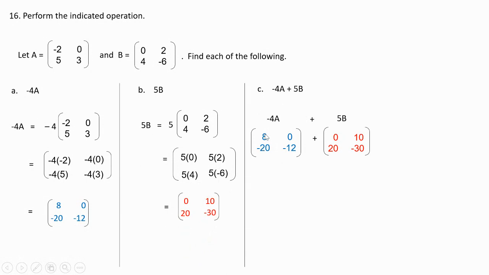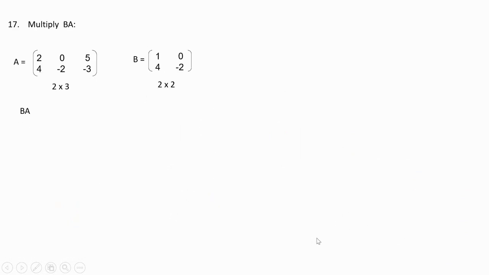When we add them, we add the first row, first column on A plus the first row, first column on B. So it's going to be 8 plus 0, then 0 plus 10, negative 20 plus 20, and negative 12 plus negative 30. So the answer will be 8, 10, 0, and negative 42. That's my solution for part C.